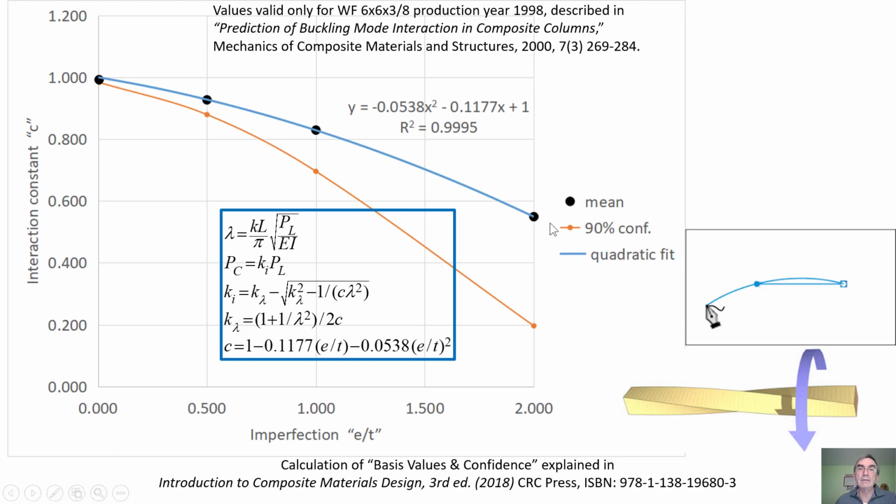And of course, once I have the mean, I can draw these lines fit with a second order polynomial, which is here, and this I copy here in this bottom line, and there's your C. C for this particular beam, which is WF 6x6x38, production year 98, is 1 minus 0.177 E over T, this is imperfection divided by the thickness of the flange, minus 0.0538 (E over T) squared, and it fits very nicely.